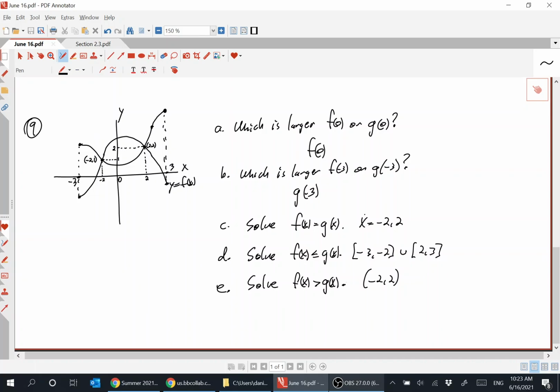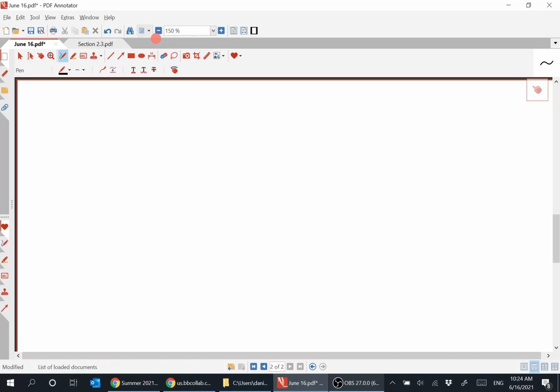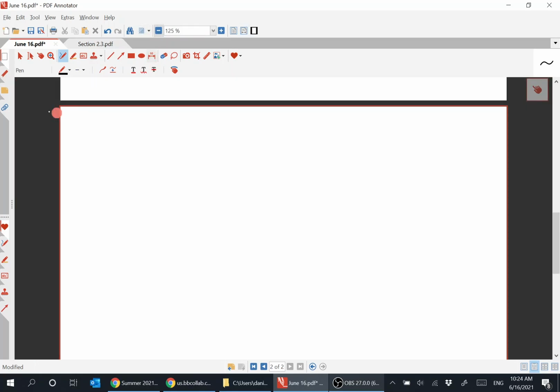So let's look at 43. For number 43, we have the graph of a function that looks like this.